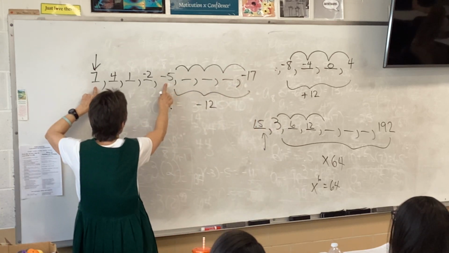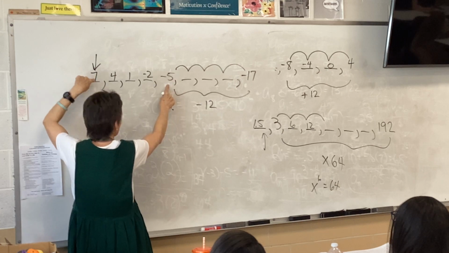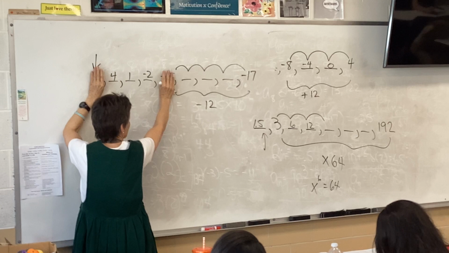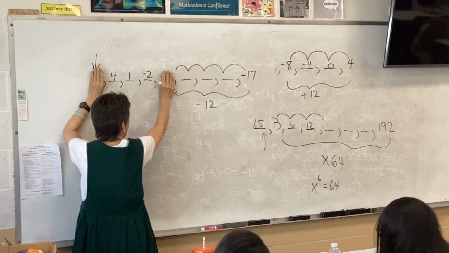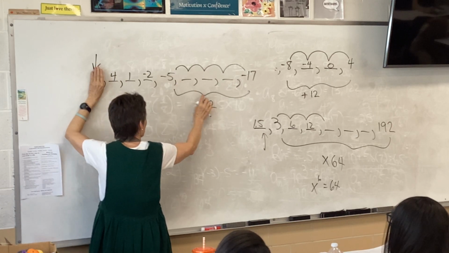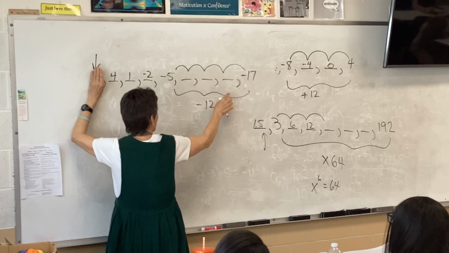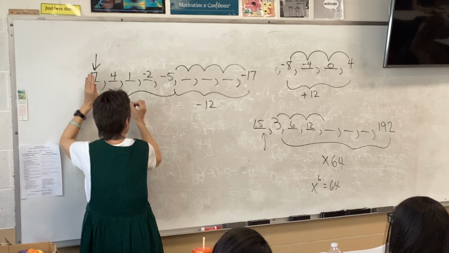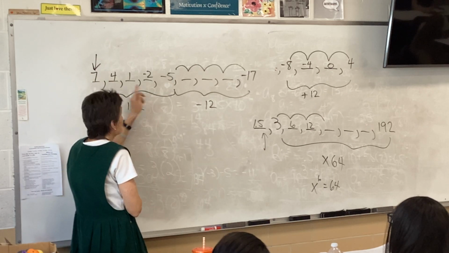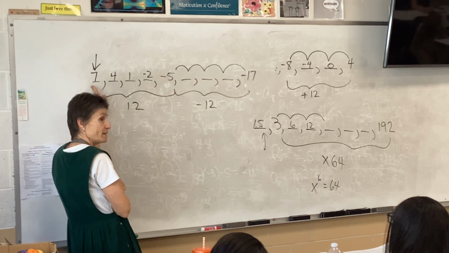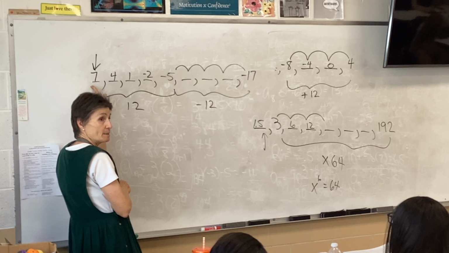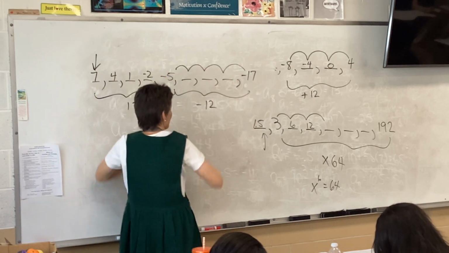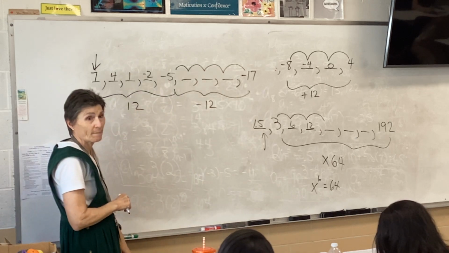So if skipping over 3 this way was -12, wouldn't skipping over 3 this way be +12? And -5 + 12 is 7. Now that only worked because we were balanced on both sides, but that's another way you could have thought about it.